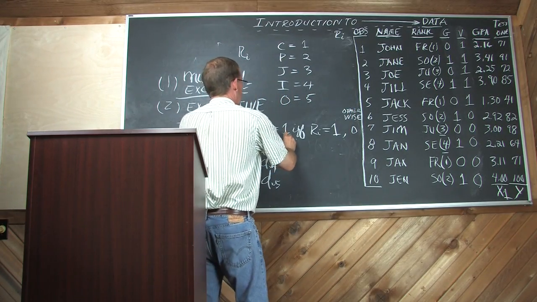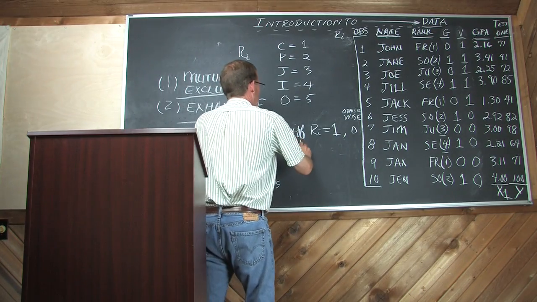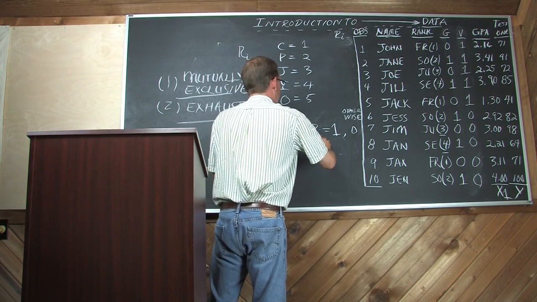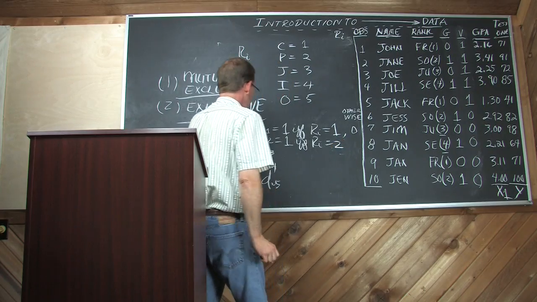I'm going to make this one equal to 1 if Ri is equal to 2, and so on.